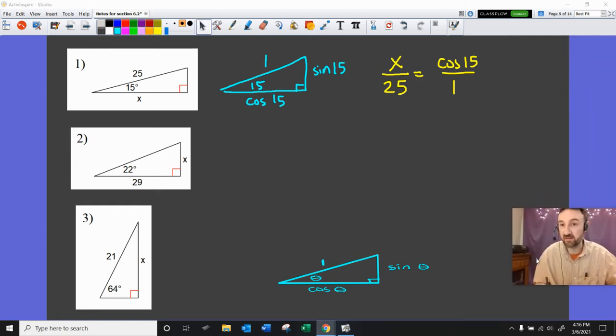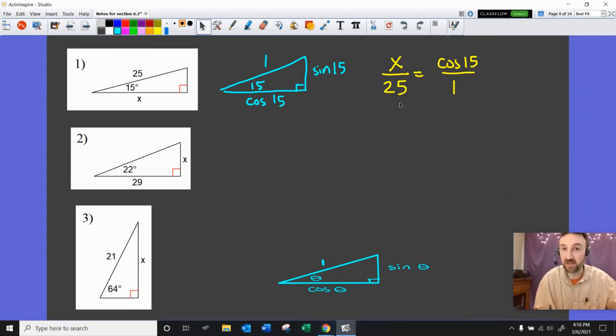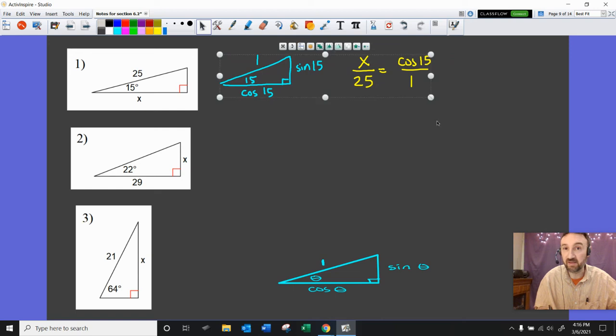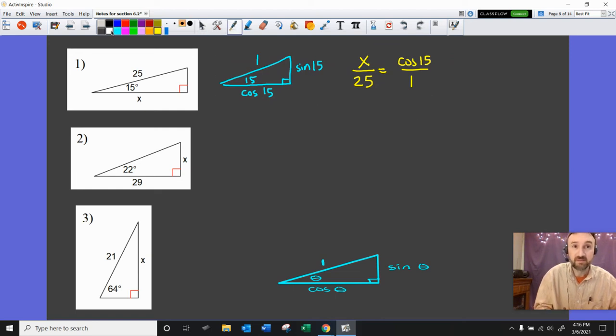So now if I move my ugly mug out of the way here, I can try and solve this equation. And I think we can do that in almost one step. If I want to get x by itself, I just multiply both sides by 25. So x would be equal to 25 multiplied by cosine of 15 degrees.